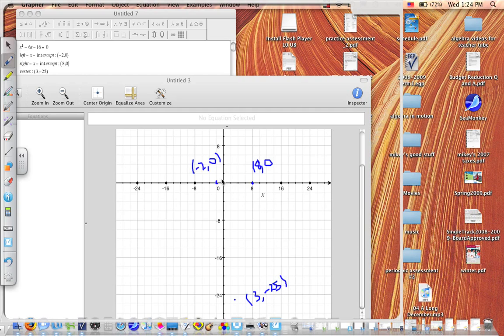So I'm going to try my best to draw this graph. It's called a parabola. It's going to look rather messy, but I'll try my best. Not half bad. Not half good either, but I make sure to put my arrows at the tips. And that's how I graph a quadratic equation.